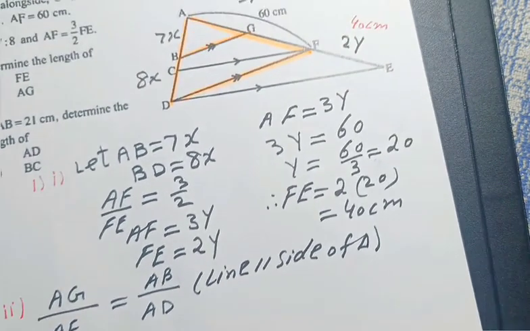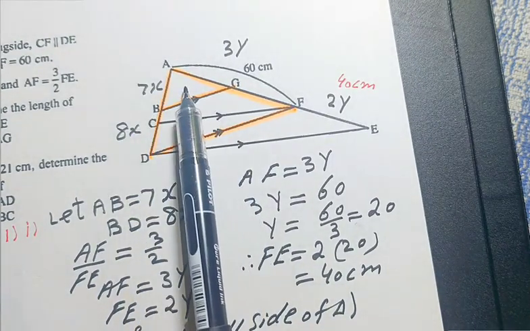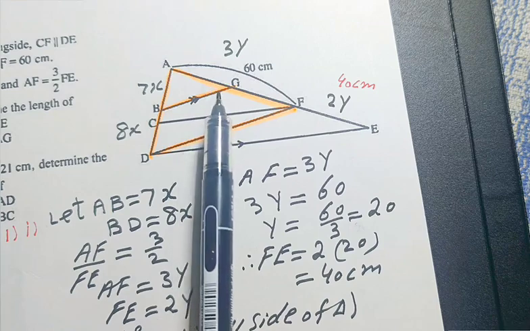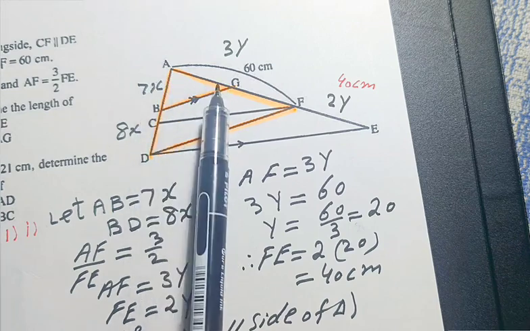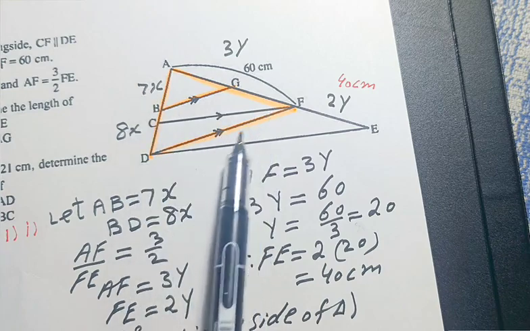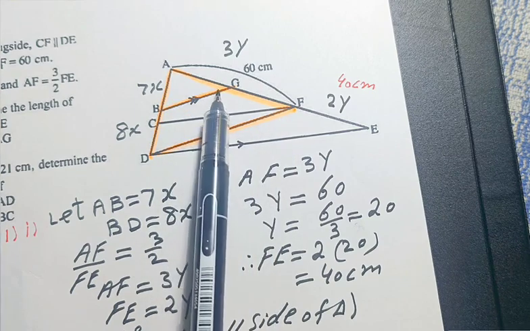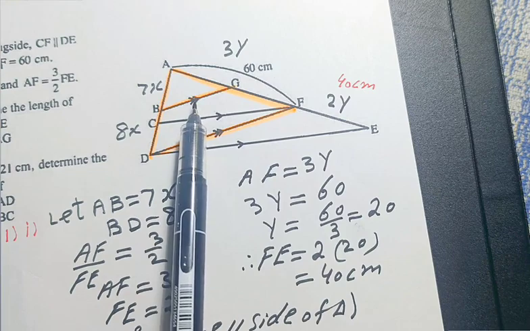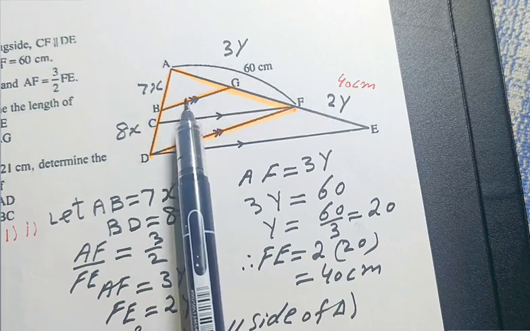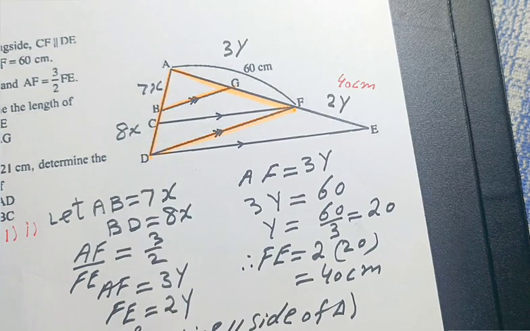Have a look here one more time: AG over AF, because we have to see in which triangle this side is lying. We're using the triangle with the double arrow parallel side. This is the long base and this is the short parallel line, so we have to match it. On the left-hand side is AB over AD.